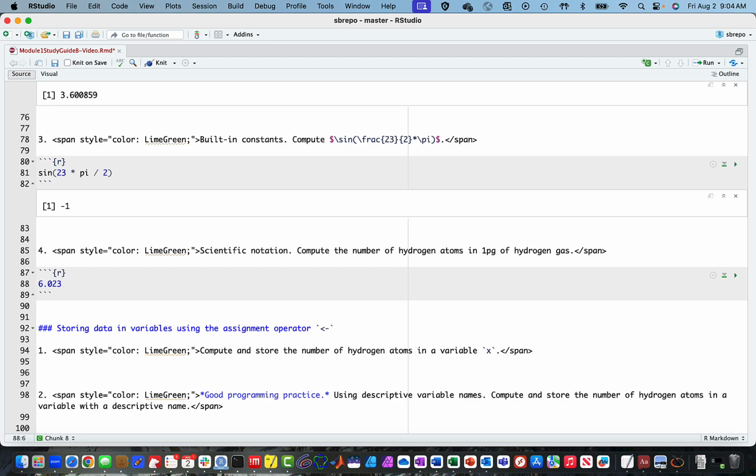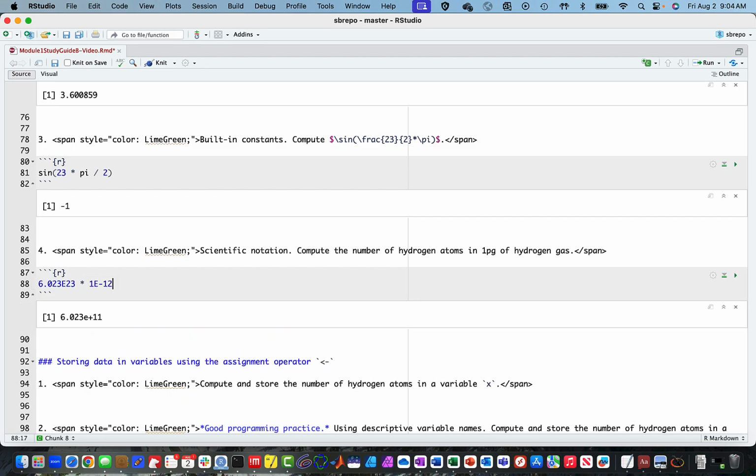And the way you depict 10 to the power something is with the exponent of the scientific notation. So you say E23. So that's Avogadro's constant times a picogram. And so that's going to be 10 to the power minus 12. And we can run this code chunk, and we will have 600 billion hydrogen atoms in a picogram of hydrogen gas.